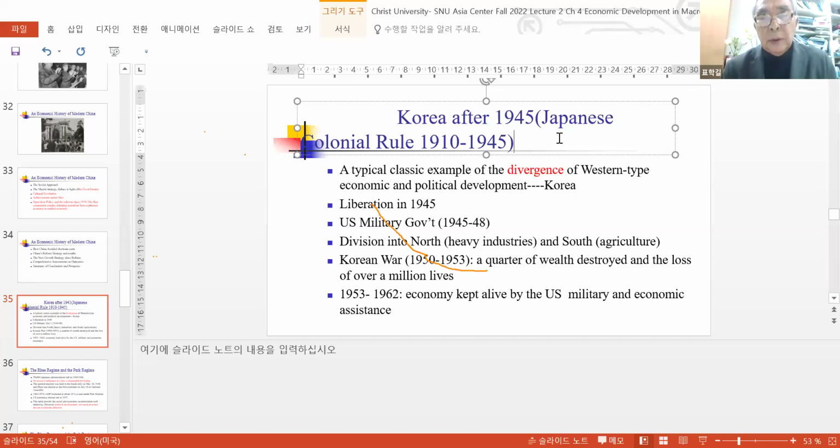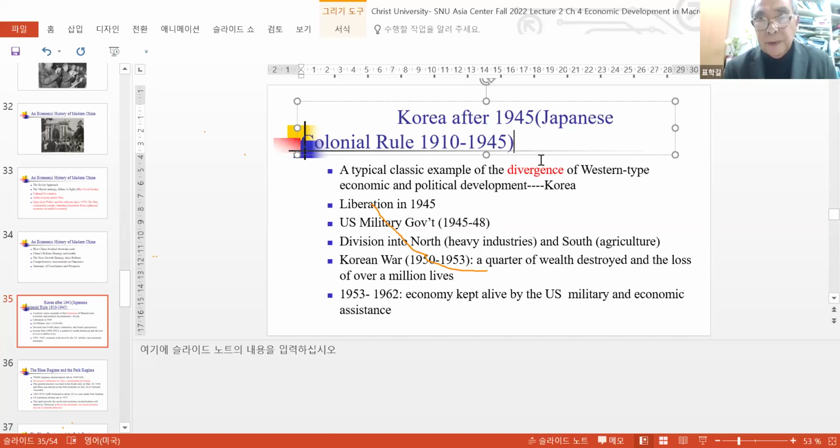But in addition, Korea's development, particularly South Korea's development, was an example of divergence: Western type economic progress and economic growth, but under political development that is a very authoritarian regime.